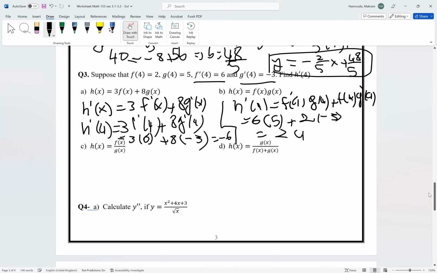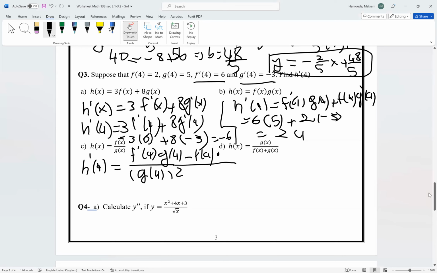For C, h prime of 4, I didn't write the rule, but just make the application directly. So it's g of 4 squared. And here, f prime of 4 times g of 4 minus f of 4 times g prime of 4.